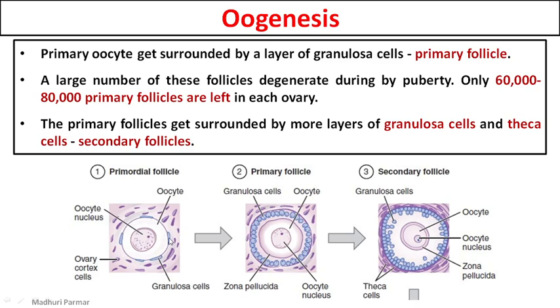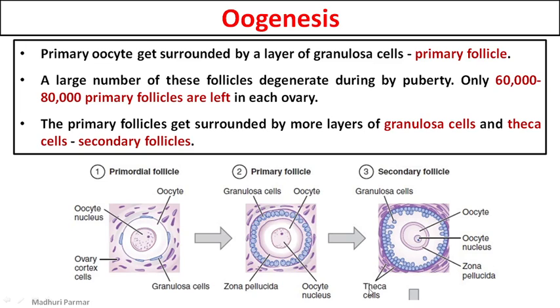After that, the granulosa cells become cuboidal. You can see the difference between these blue colored cells and the second diagram's blue colored cells. They are also granulosa cells, right? They get surrounded by more and more layers of these granulosa cells. Cell division will happen, and you can see a lot of such granulosa cells. And theca cells. The purple colored cells you see outside form a lining, no? That is known as theca cells.